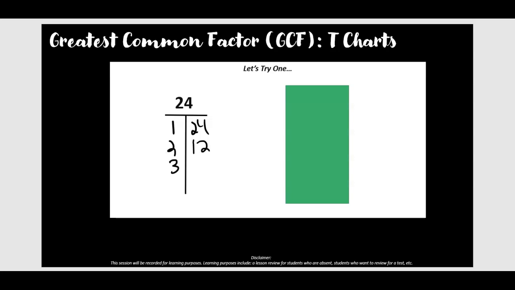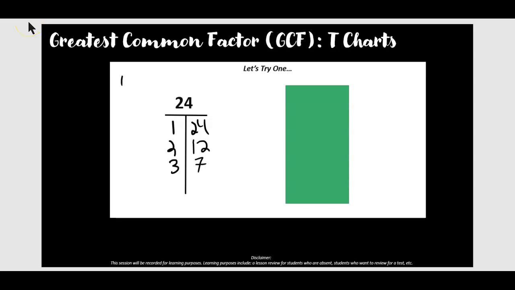3 times something is 24. 3 times 1 is 3, 3 times 2 is 6, see, 3, 6, 9, 12, 15, 18, 21, 24. Oh, I did that on my fingers and I got 7. 3 times 7 is 24.